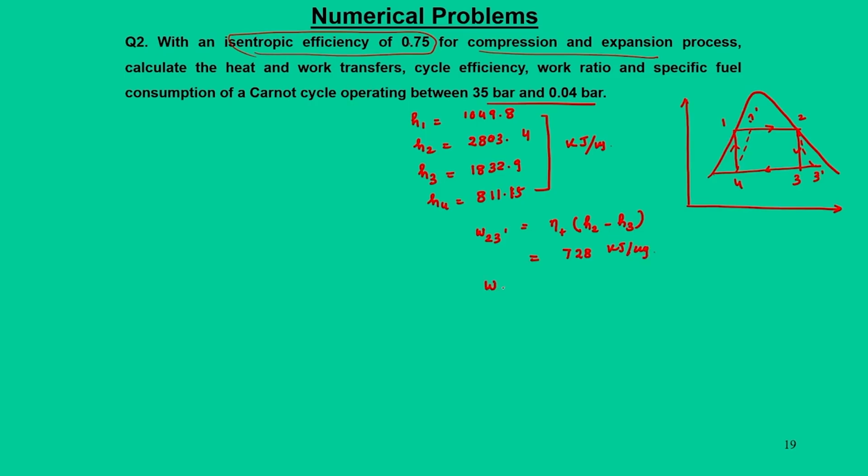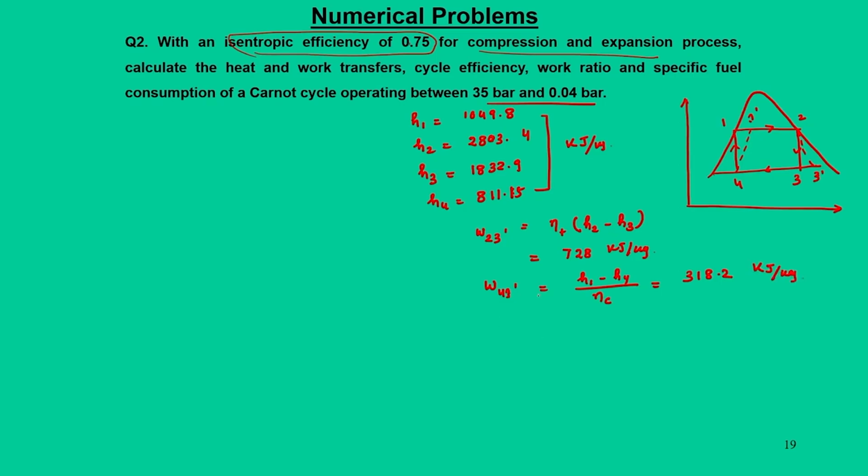Similarly for the pump or expander work, it will be W4 1 dash. Since it is a work input, this number will be H1 minus H4 divided by compressor efficiency. So, this number becomes 318.2, which is higher than the previous value.